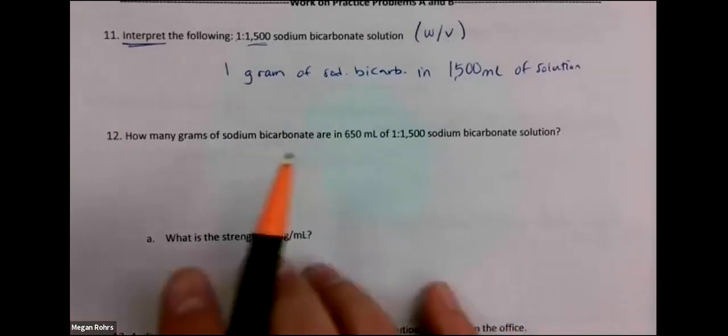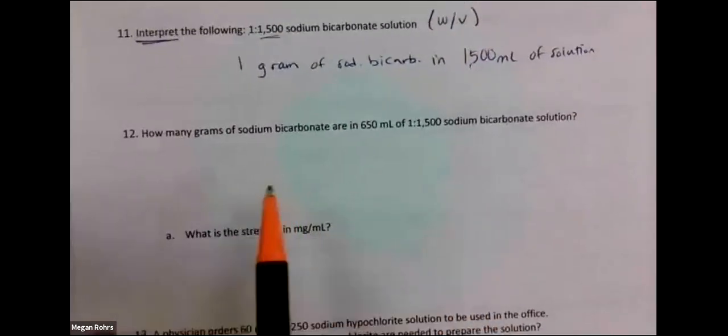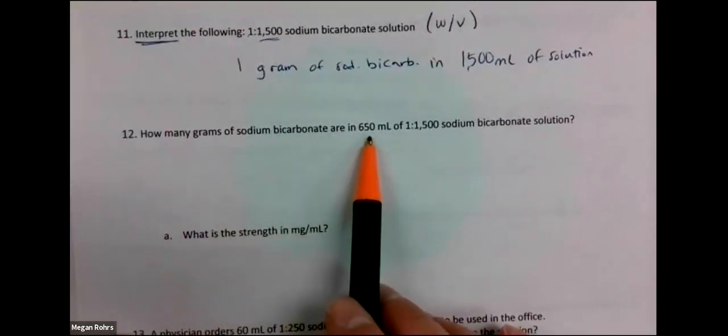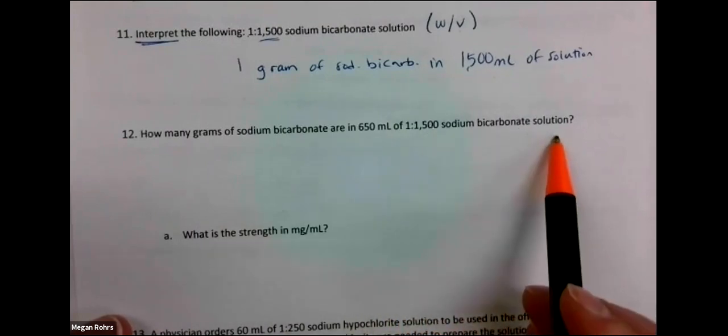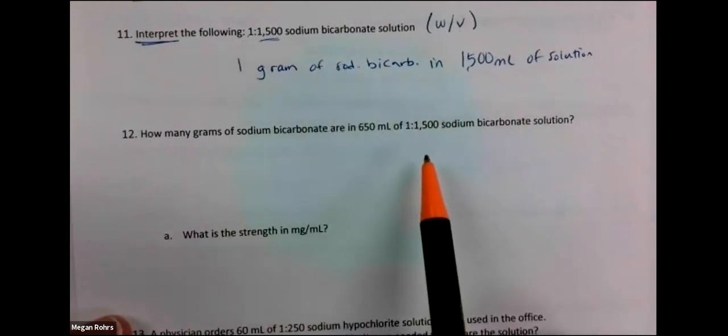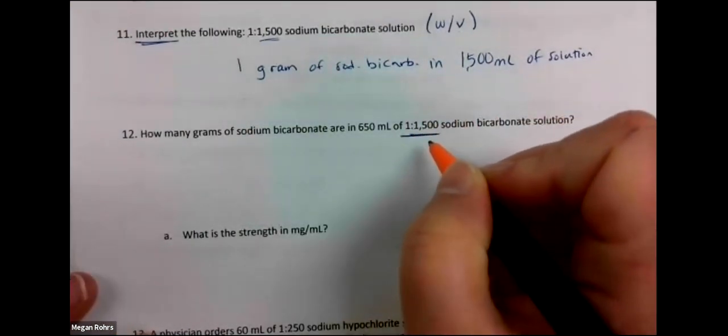Now, let's take a look at number 12. How many grams of sodium bicarbonate are in 650 mils of a 1 to 1500 sodium bicarb solution? So we still have the same solution here. So let's just take our ratio first and write it as a fraction.